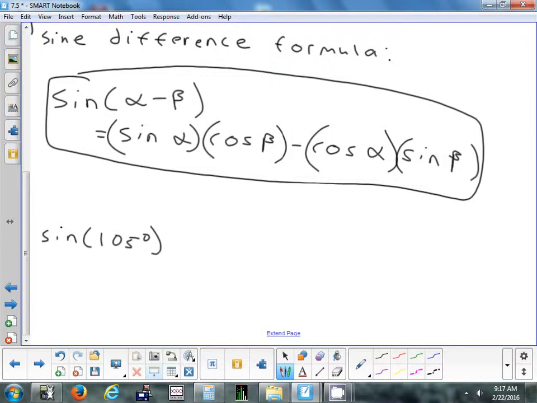Okay. Anybody give me a way to write 105 as a sum? We got to stick with numbers that are multiples of 30 and 45. That is true. 60 and 45. Yes, you could do 60 and 45.